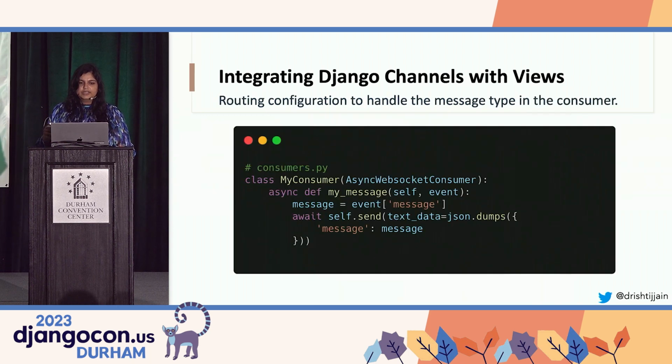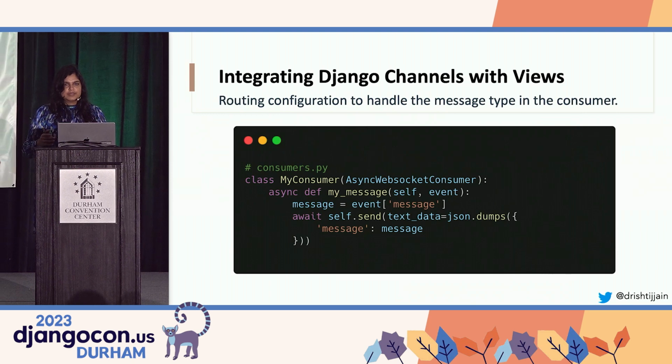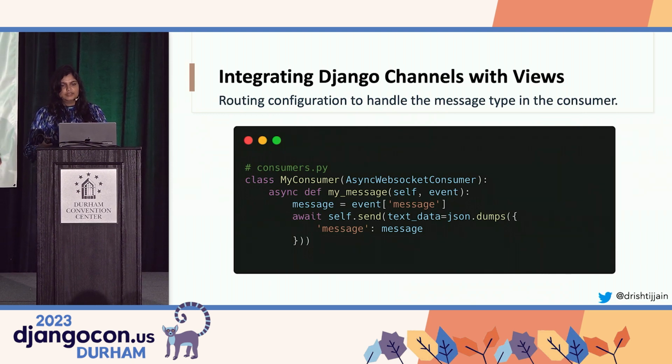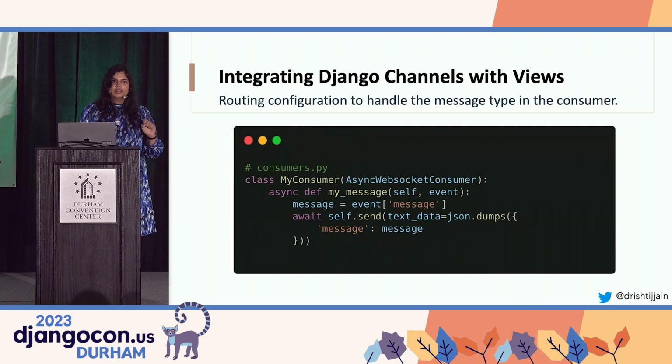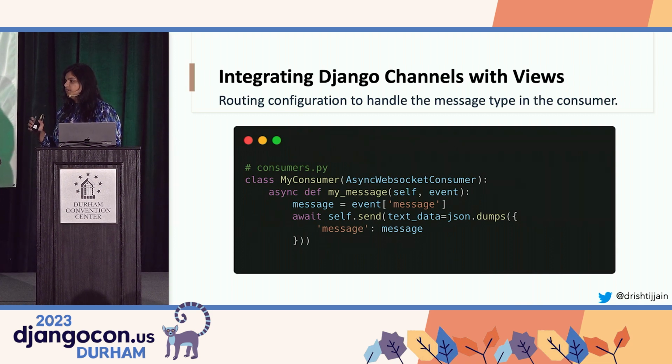And once you integrate this, you need to also specify the routing configuration to handle the message type in the consumer. So this is wherein your message type could be different things. Is it just a JSON dump of, say, text that you want? Is it something else? Also, interestingly, you can do a quick tweak here.